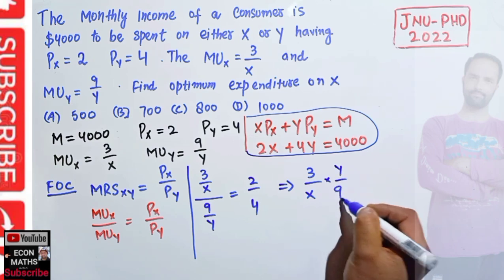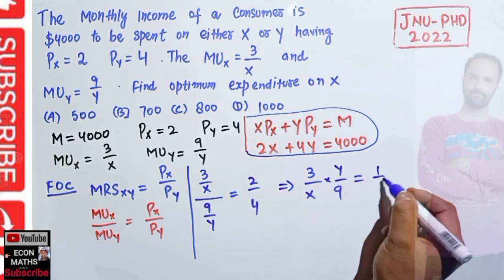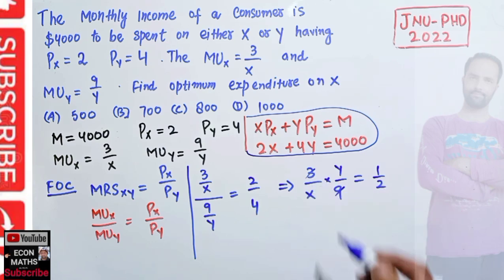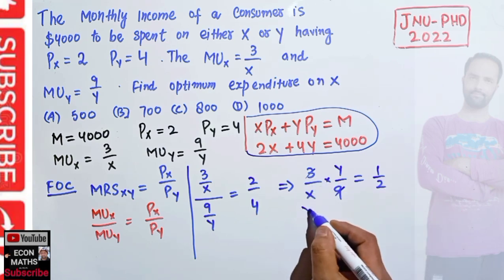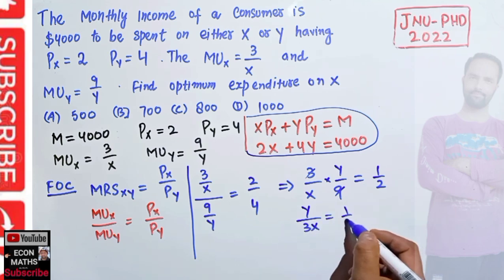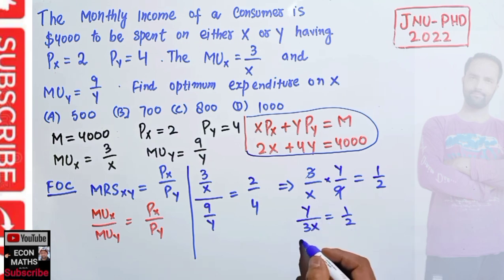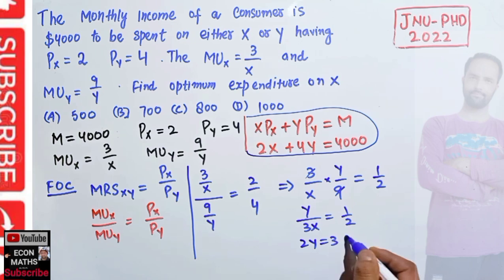Y upon 9 should be equal to 1 upon 2, as 2 upon 4 is 1 upon 2. So 3 threes are 9. So I will get here Y upon 3X is equal to 1 upon 2, which gives us 2Y is equal to 3X, which gives us Y will be equal to 3X upon 2.